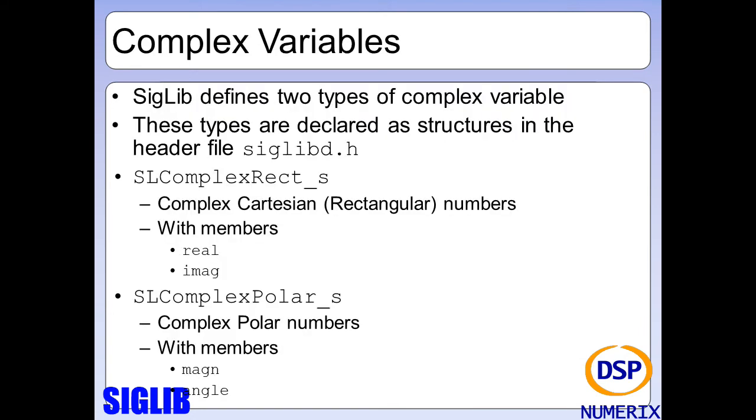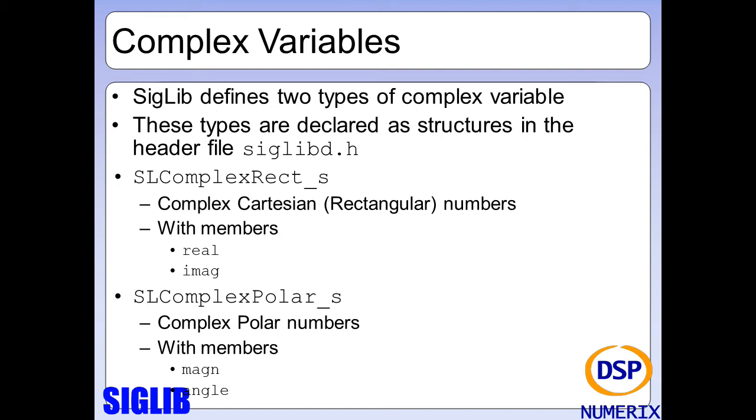As we discussed in the last slide, SigLib can support both scalar and vector variables. SigLib declares complex variables as C structures. There are two complex variable structures, one for rectangular numbers and one for polar numbers. The rectangular number format is declared as SLComplexRect_s, and the polar format is SLComplexPolar_s.